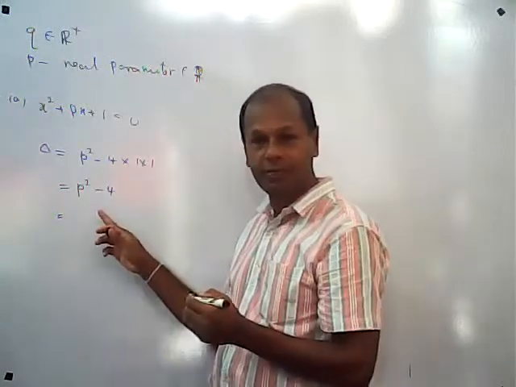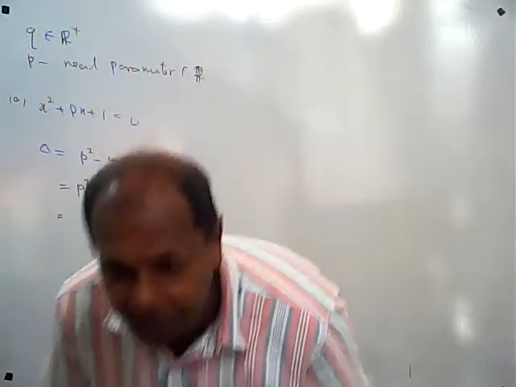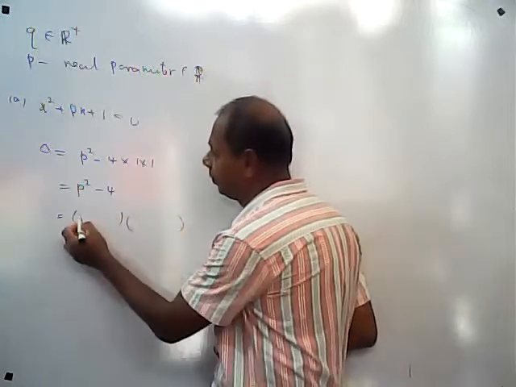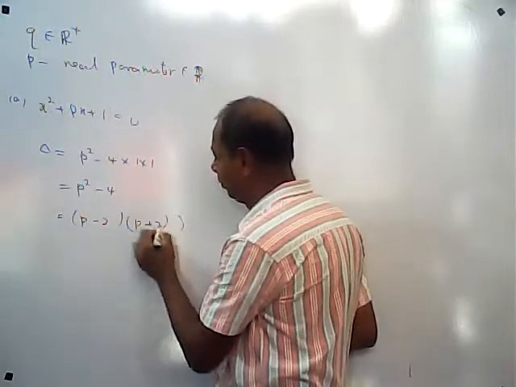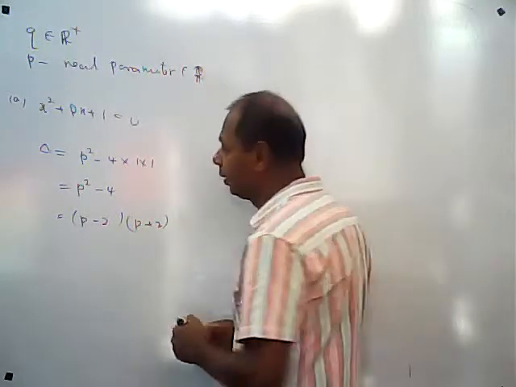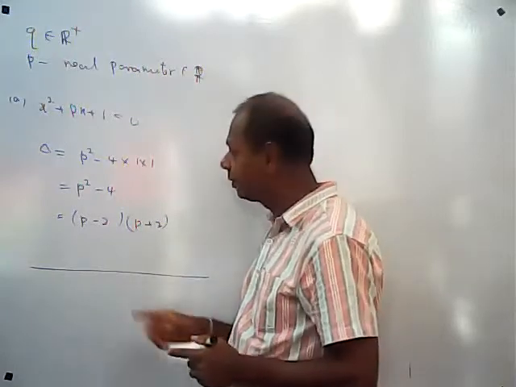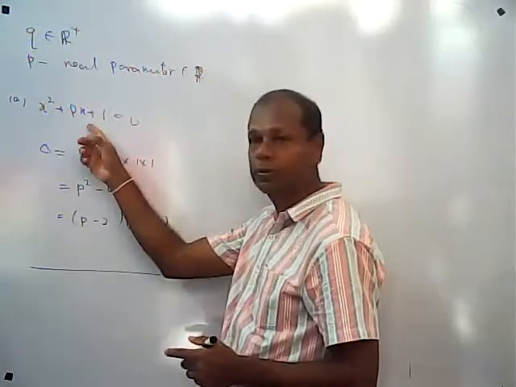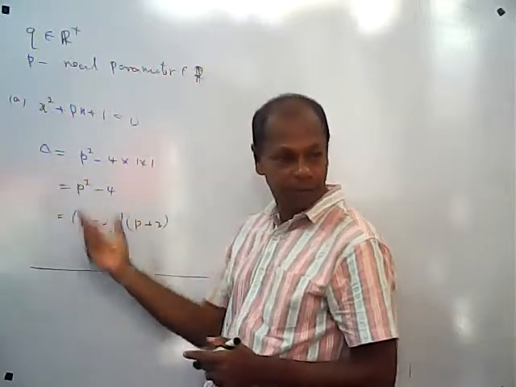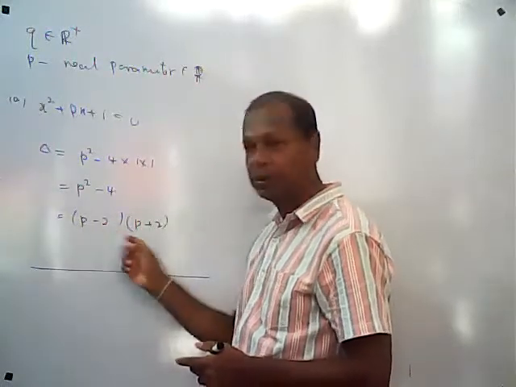And the best thing is if you see factors, break it into factors. Then the nature of roots of this depends upon the sign of delta. The sign of delta depends upon where p is, right? You have to solve the inequality.